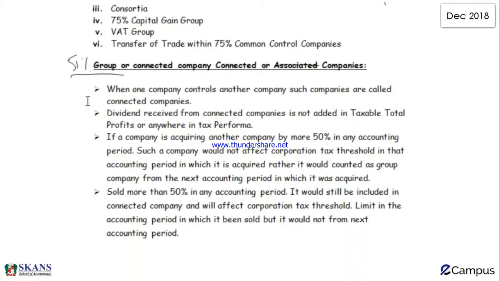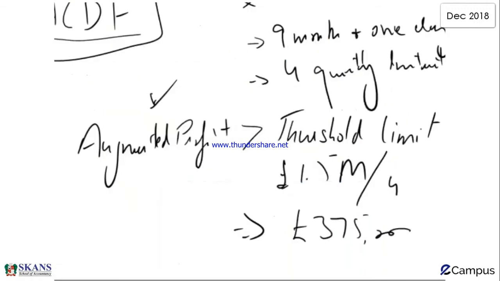Well, when we are finding out what would be the payment date, this is what we do: we account for non-group dividends and we add them into the taxable total profits in order to find out amount of augmented profits.